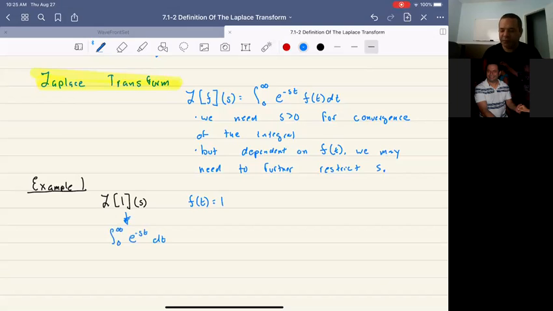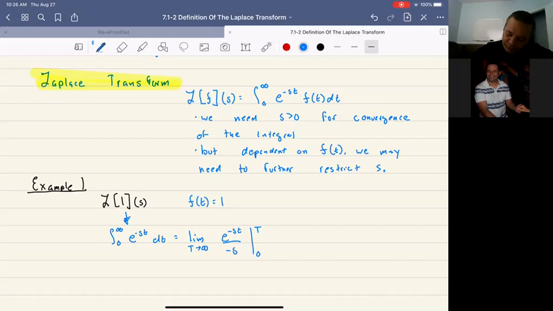That's pretty simple. We do that using infinite integrals, so the limit as t goes to infinity. The antiderivative of e to the negative st is e to the negative st over negative s, from 0 to t.